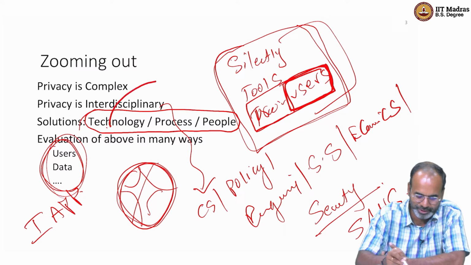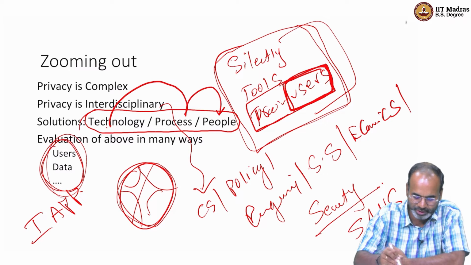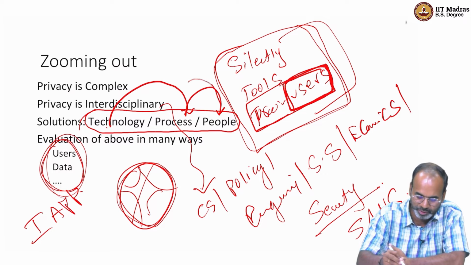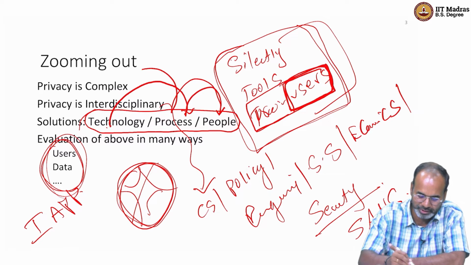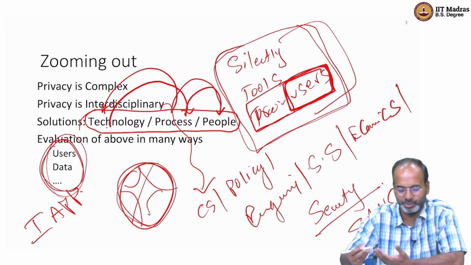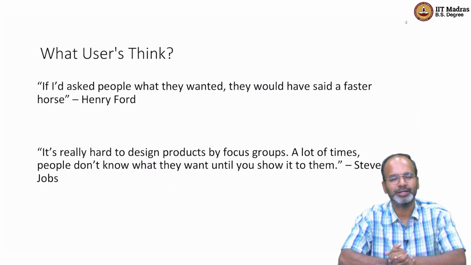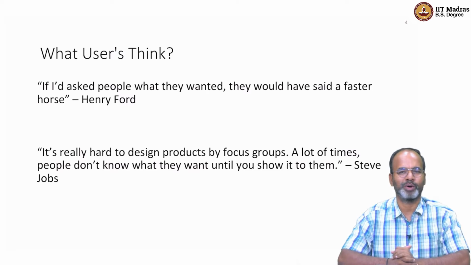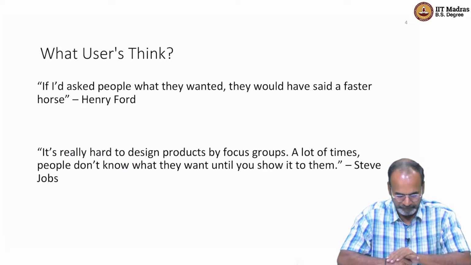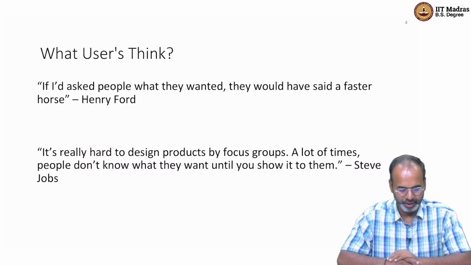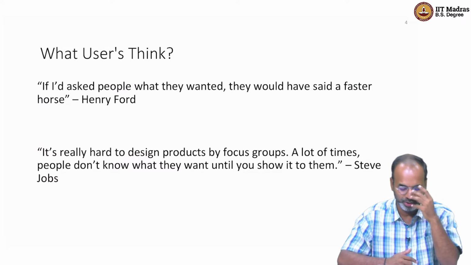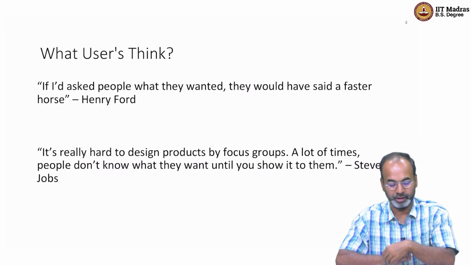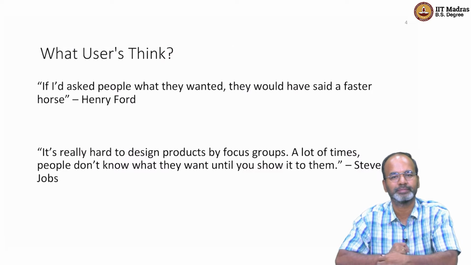Build a technology which can better the process, or understand the people, and using that, build a better process and a better technology. You can go in any direction. These are some famous quotes about what users think. Henry Ford once said that if I had asked people what they wanted, they would have said a faster horse.